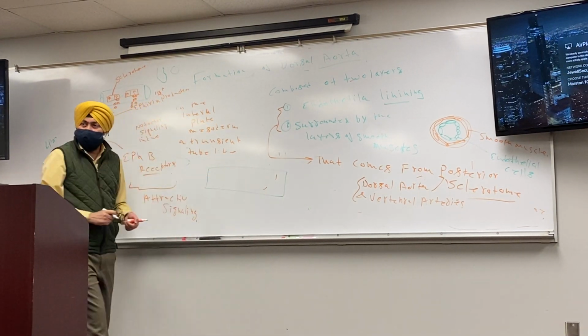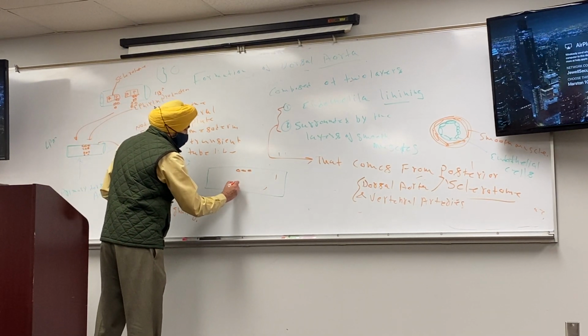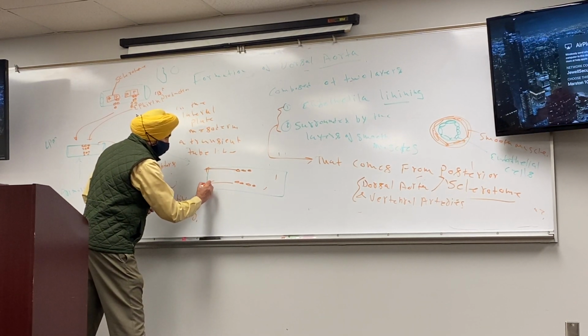So this is the primary dorsal aorta. These cells are coming here, they divide, and when they divide, they spread on both sides.